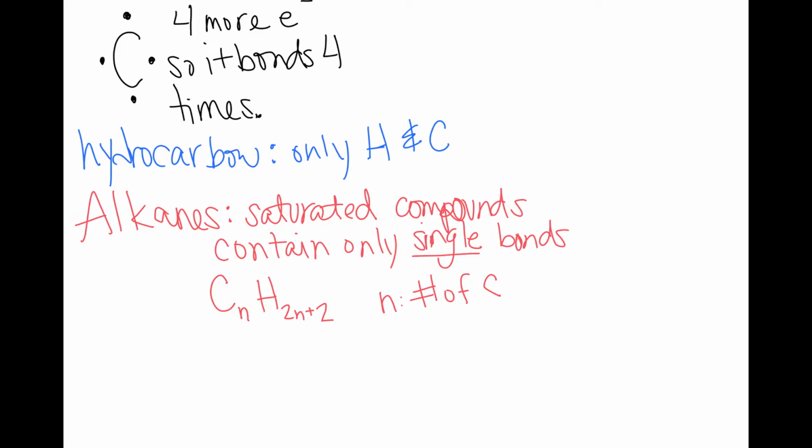Sometimes this concept is hard for students to grasp, but you need to keep in mind that we are going to start writing the formulas for the different alkanes. So again, n represents the number of carbons.